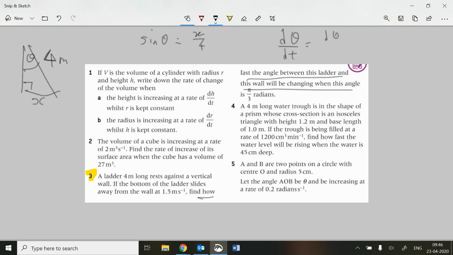Now let's just split that one up. We've got d theta dt. We've got this other thing which is involved, x, which is what we created. So let's put in a dx and a dt there as well, how fast this will be changing. So we know theta is equal to pi over 3.